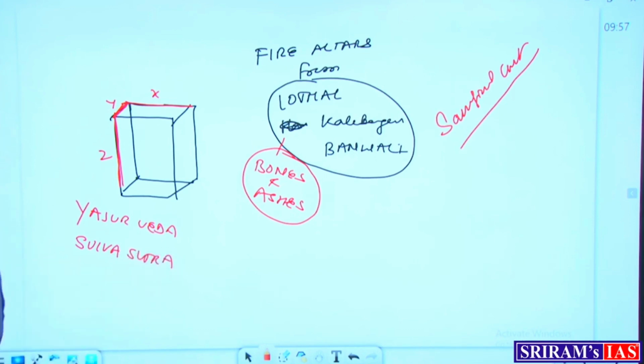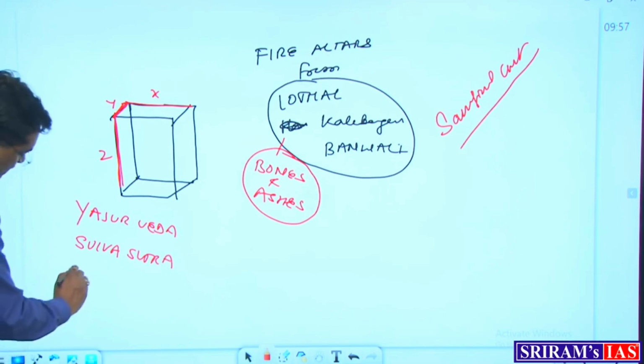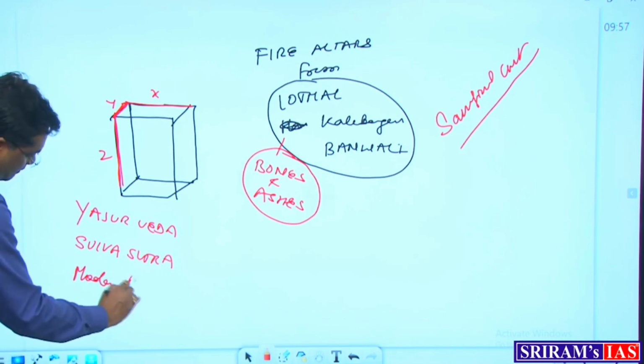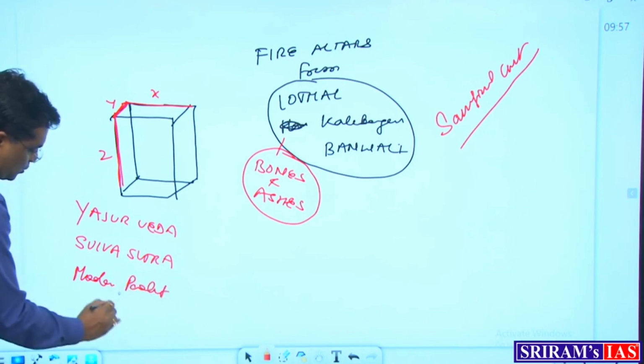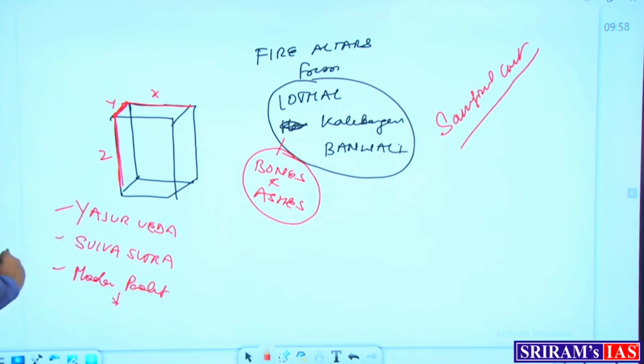And the modern Panditji, if he is qualified, will measure the length, breadth and depth when constructing the fire altars for the fire oblation. So modern Pandits also use the same ratio. This is continuity.